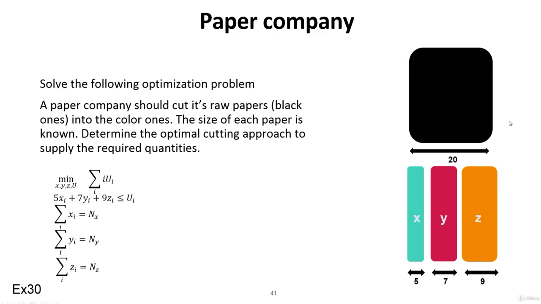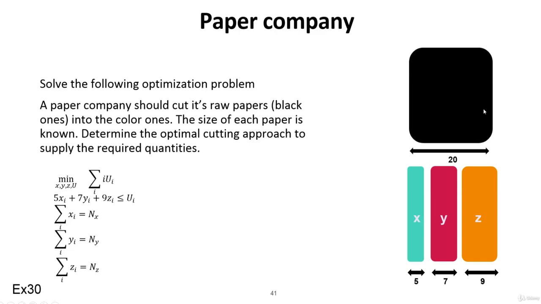So the question is, how should I cut the paper in order to minimize the number of big papers I have to use? For example, if I want to cut this big paper and create some X pieces, each paper can give me 4 pieces of piece X, and also it can give me 2 pieces of these red ones, or 2 of these yellow ones.